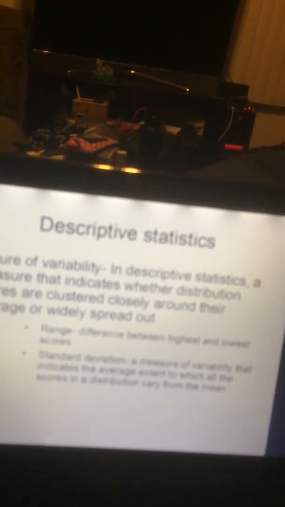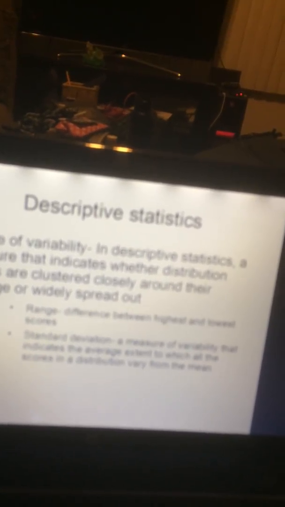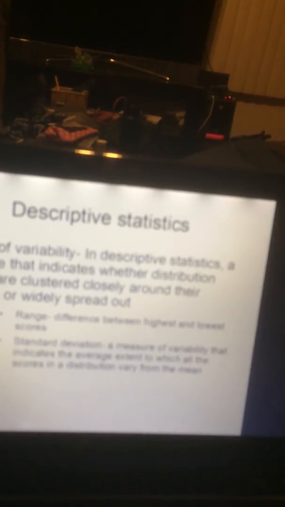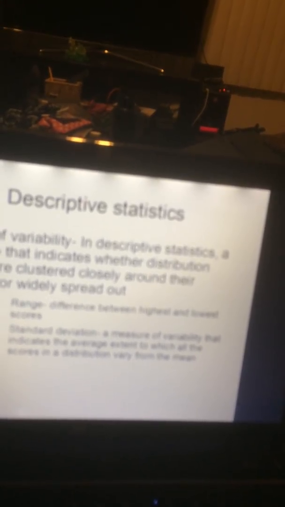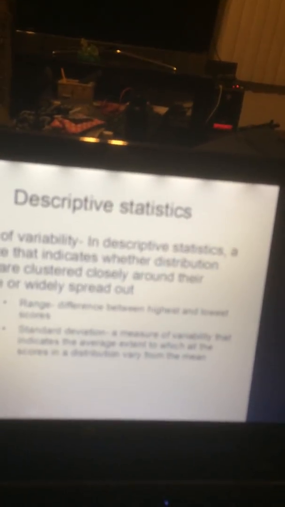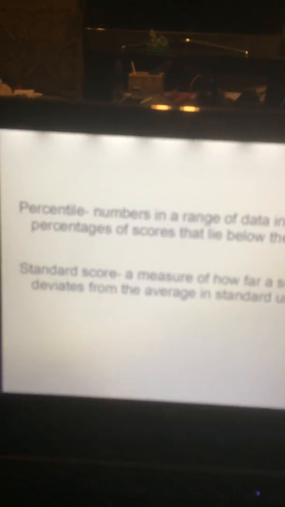That's 15 points above and below the mean. Now, if you have like 130 points, that's going to be slightly less typical. So 85 to 115 is going to be the most typical scores. A standard deviation basically refers to how typical the score is. That's all it is.